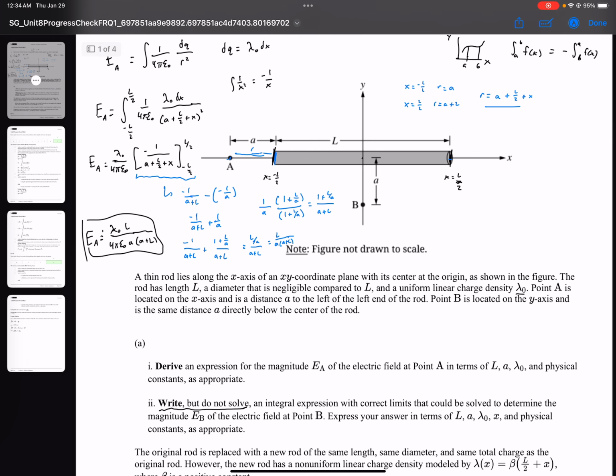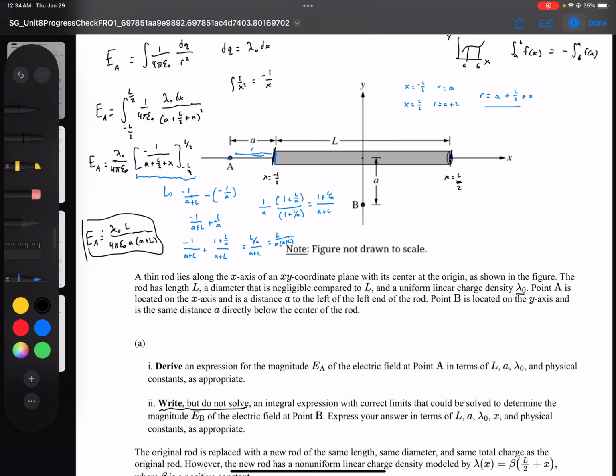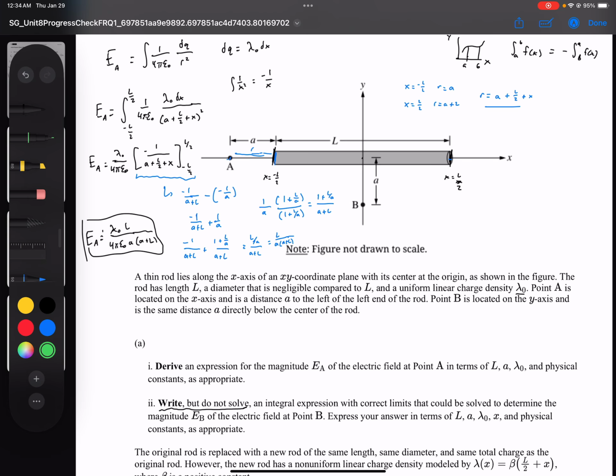All right, so now for point B, what we want to do is the same thing. I'm going to sweep across the rod, except now it's going to be at an angle.